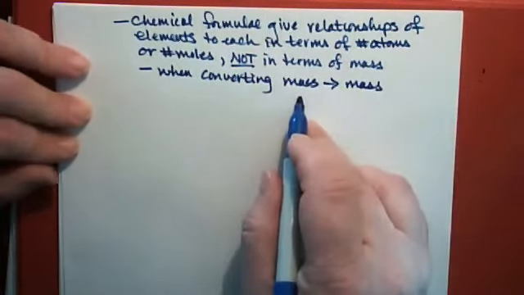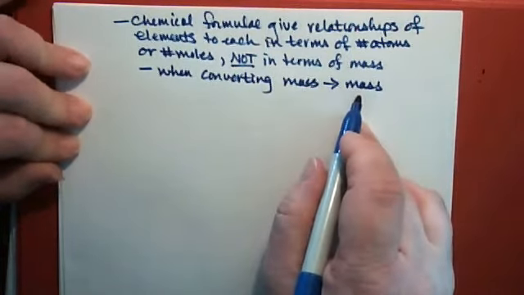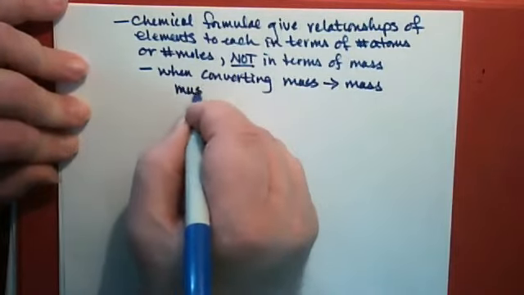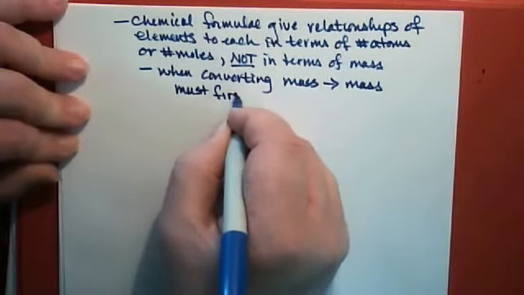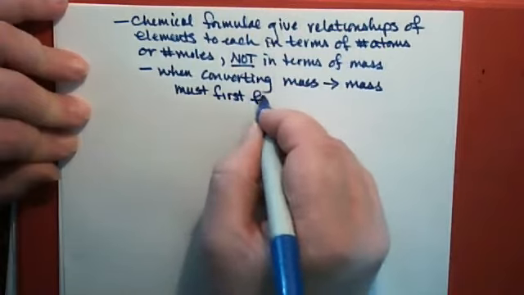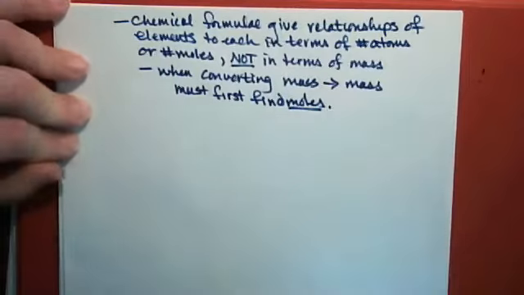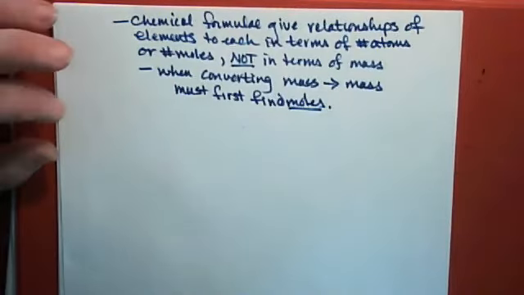So whenever you want to convert from mass of one thing in a compound to the mass of something else in a compound, you first have to find moles. And then you can convert to mass.